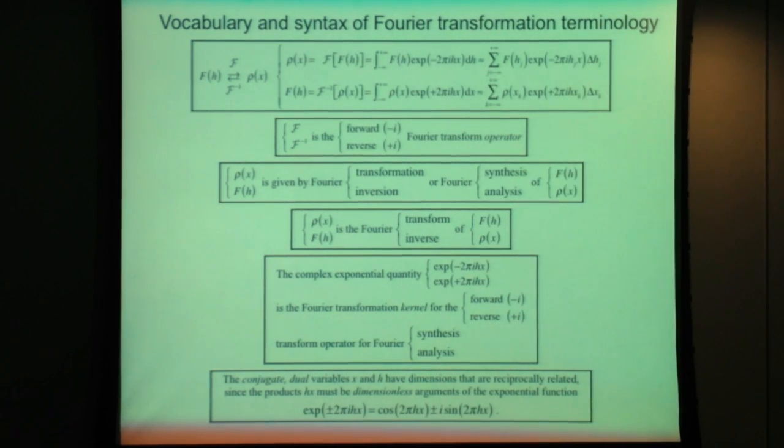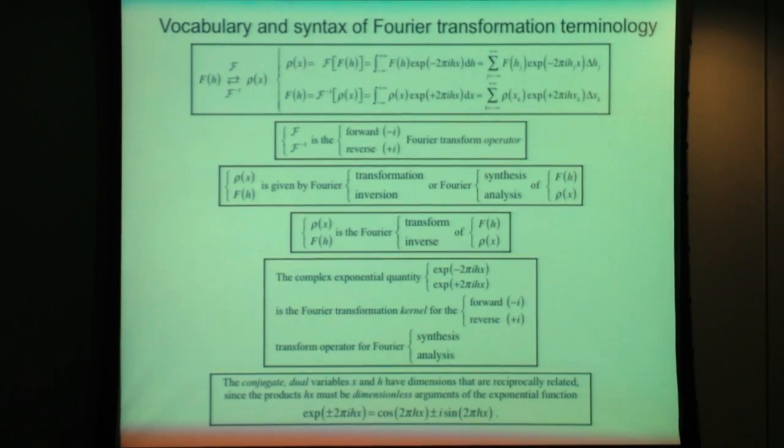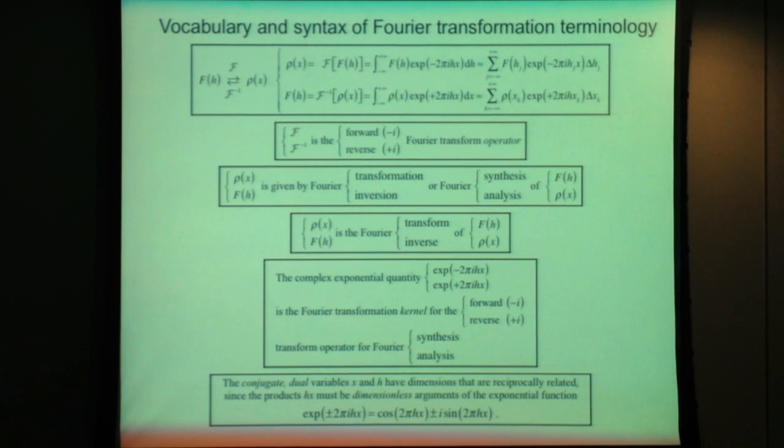That's the formula for doing a Fourier transformation. Multiply by the kernel with the appropriate sign in the exponent, then sum over all of the variables in whichever space you're working in, over the H space or the X space.